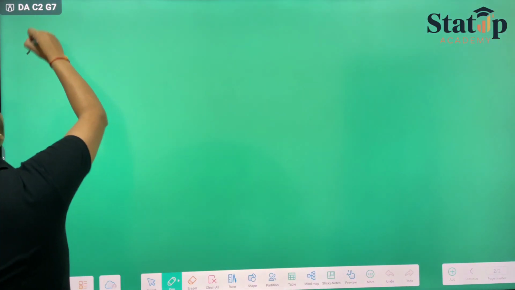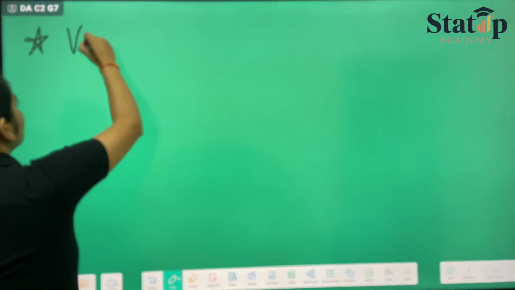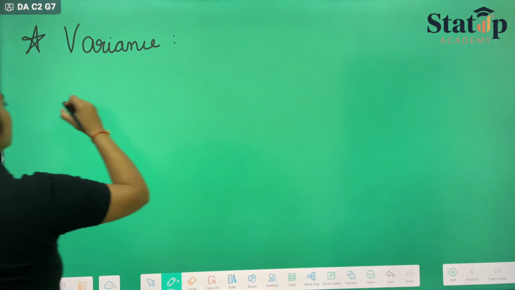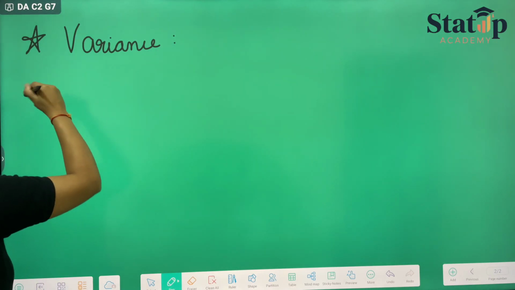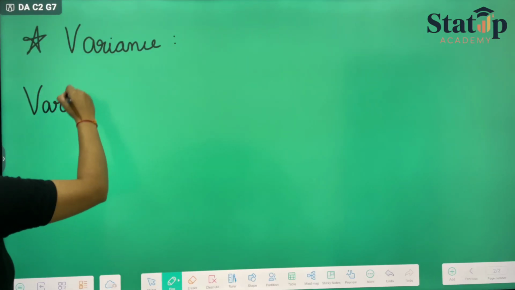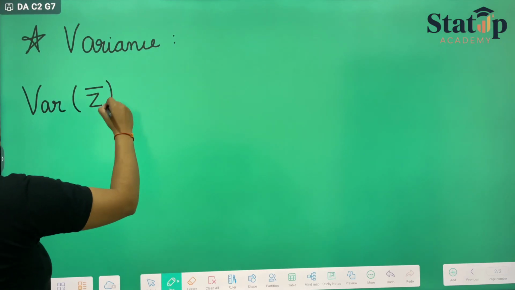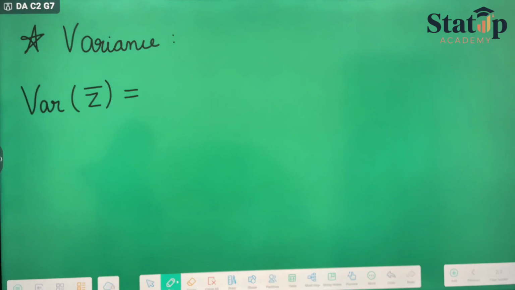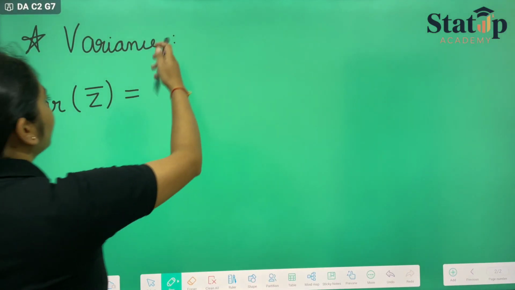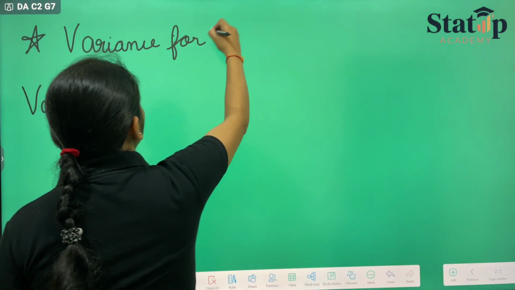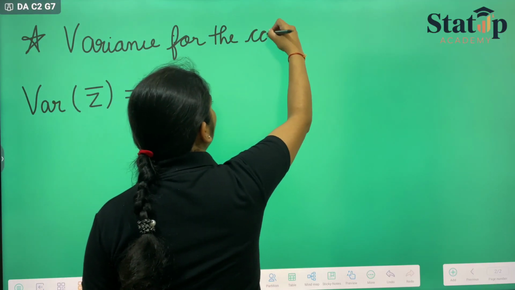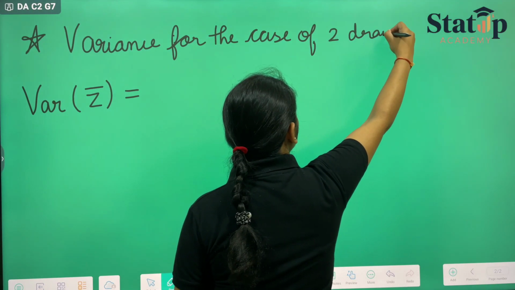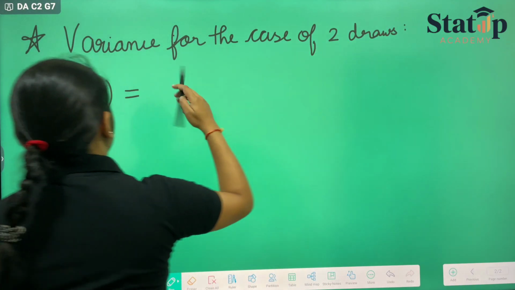So the variance of the Desraj estimator can be written as variance of z bar is equal to, and we can write the heading, variance for the case of two draws, in order to be specific.